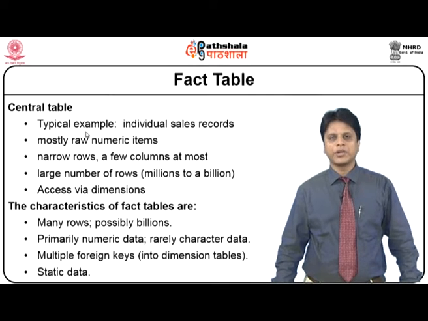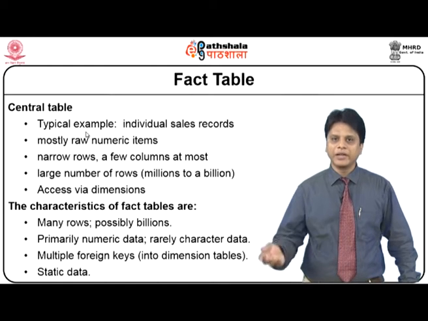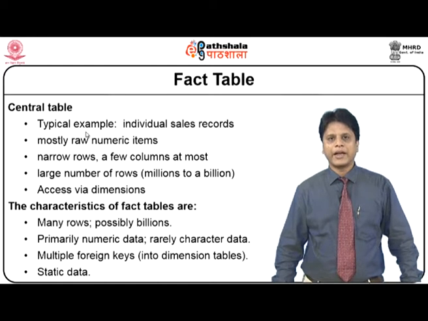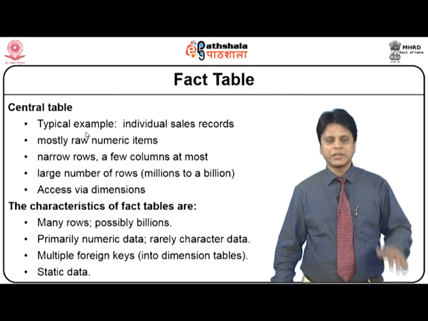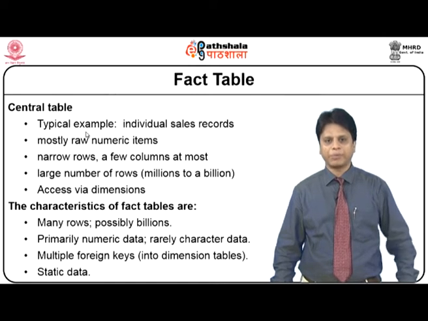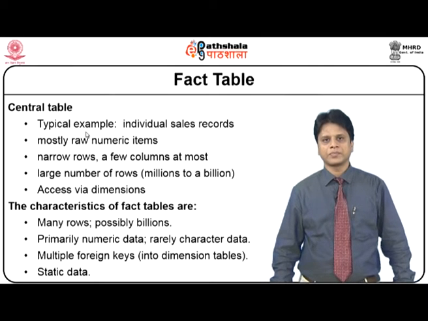These fact tables could take up many rows from million to billion records, and concentrate majorly on numeric data rather than character data. It involves multiple foreign keys, whereas dimension tables handle only the primary key, and all the data available in the fact tables are static data.